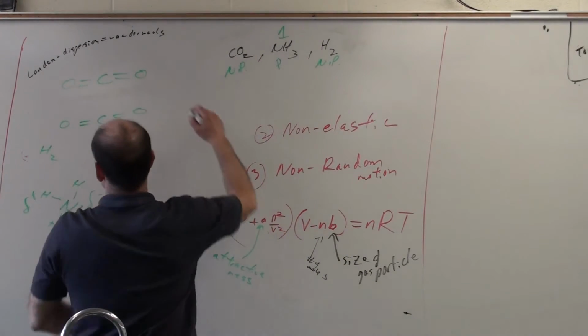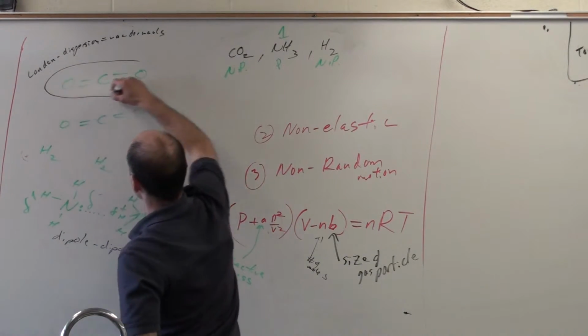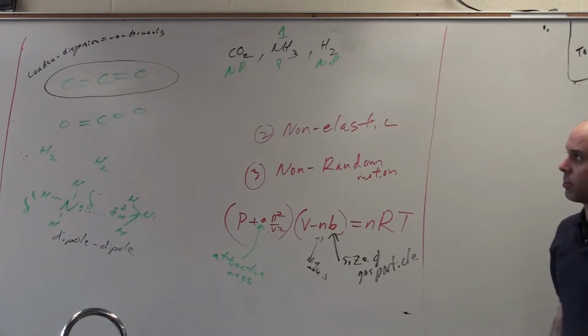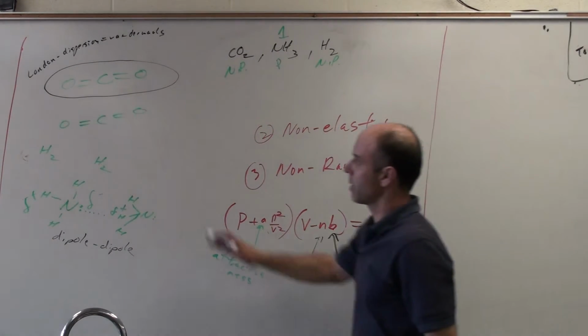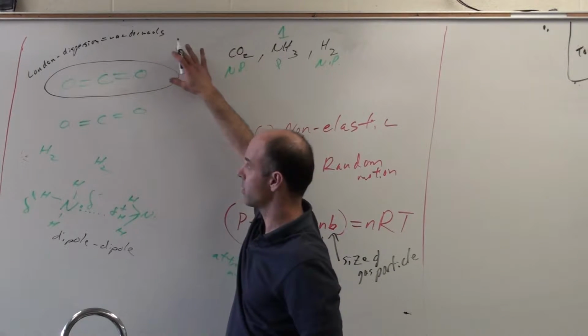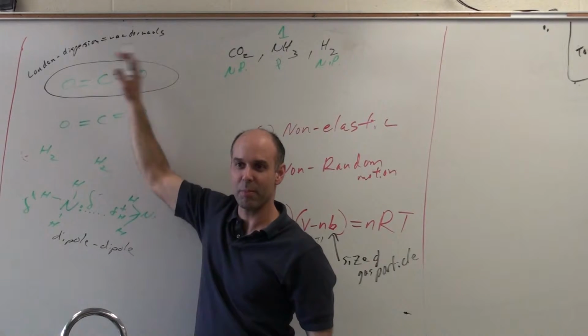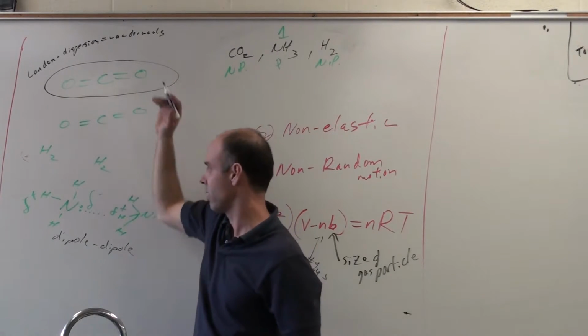But because the electron density is, if I were to draw a cloud, equally distributed, one side of the molecule doesn't have a partial negative.